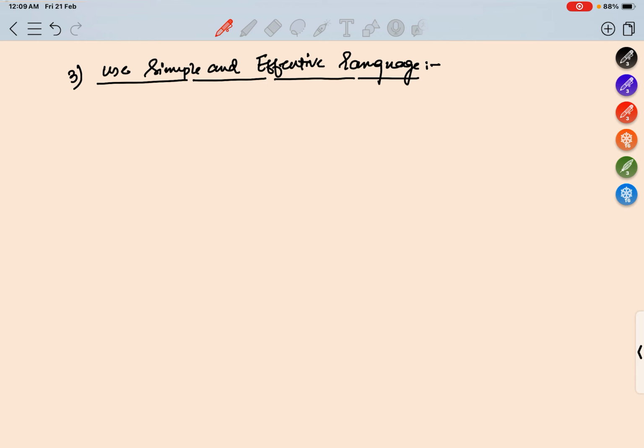Here we can also go into detail. For example, avoid long and complex sentences, always write in bullet points, short and crisp. Be precise. See, this is not a university exam.